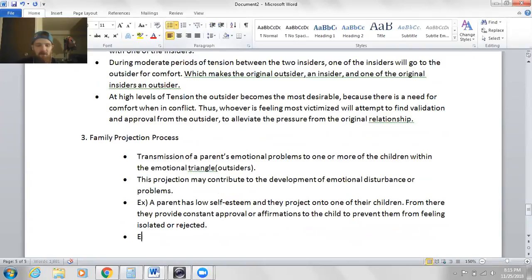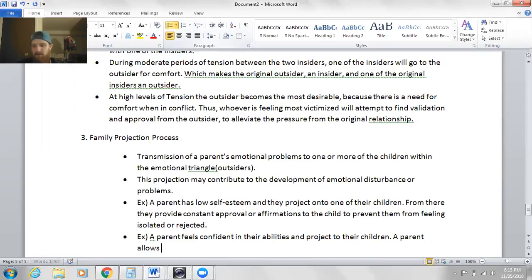So another example is a parent who feels confident in their abilities and projects it to their children.